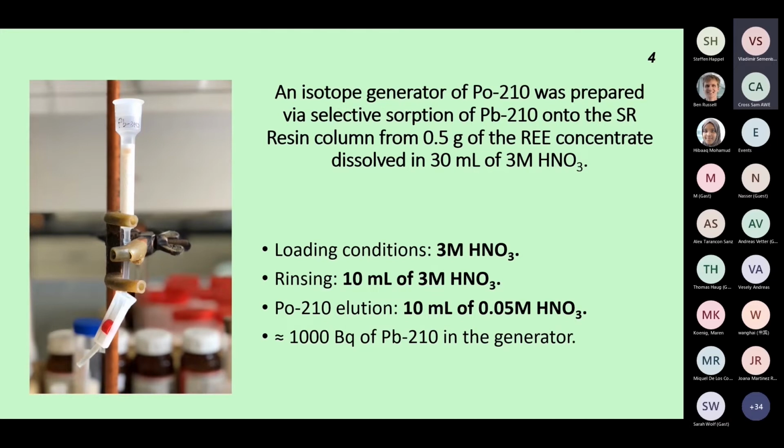For elution of polonium we used 0.05 molar nitric acid. The generator contained approximately 1 kilobecquerel of lead-210. The next slide, please.